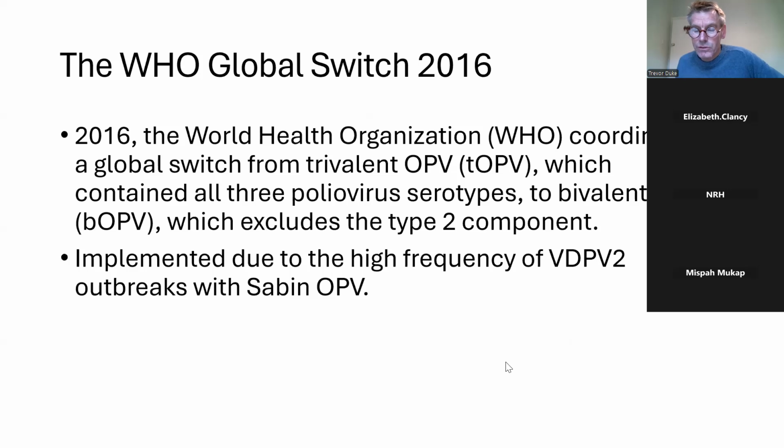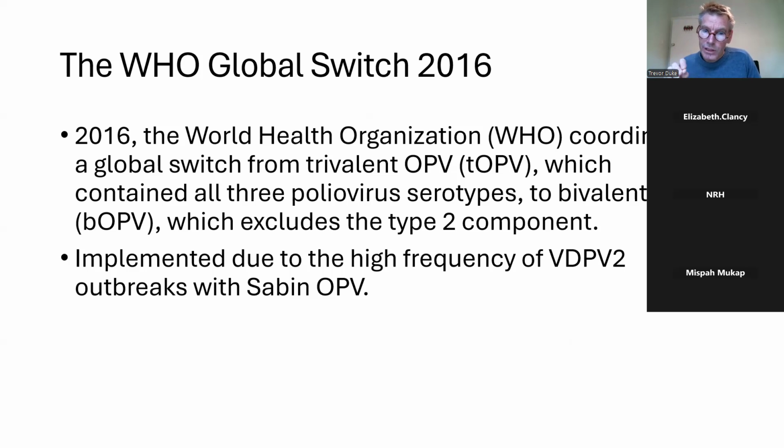Just to give, for those who don't remember this, there was a time in 2016 when we changed the vaccine schedule. And in 2016, the WHO that coordinates the global program for eradication of polio recognized that the type 2 component of OPV was causing some problems.